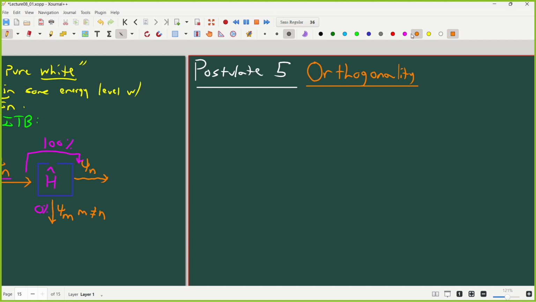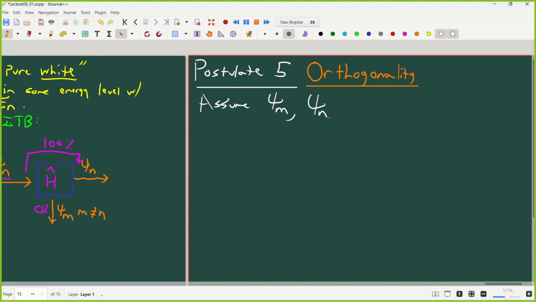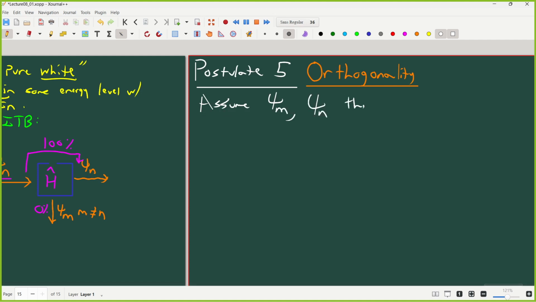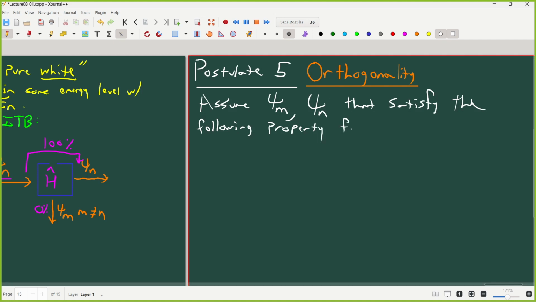All right, and so there's a mathematical way to do this. So what we're going to do is we're going to assume we have two states, psi m and psi n, that satisfy the following property. For an operator, for a measurement. So we'll call that operator O, like we always have.